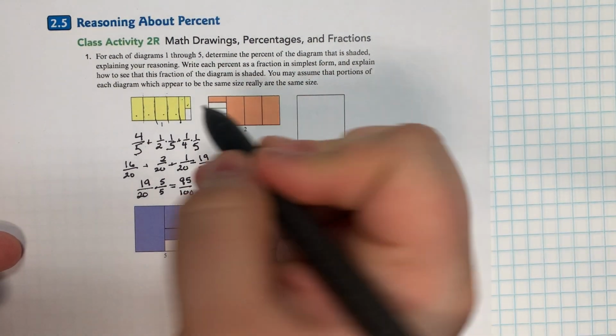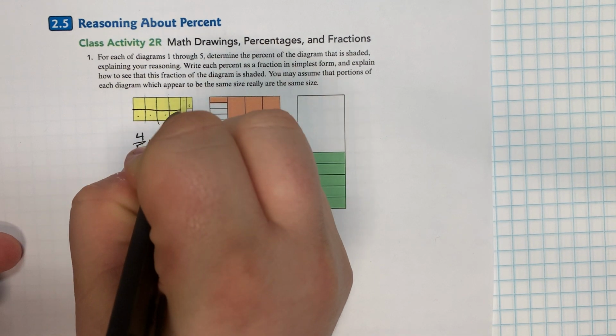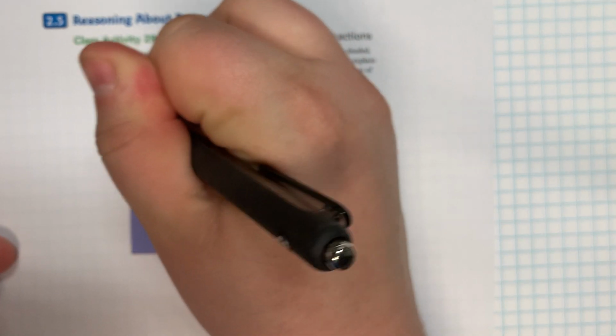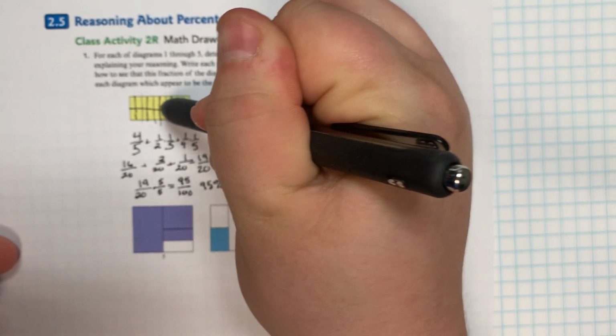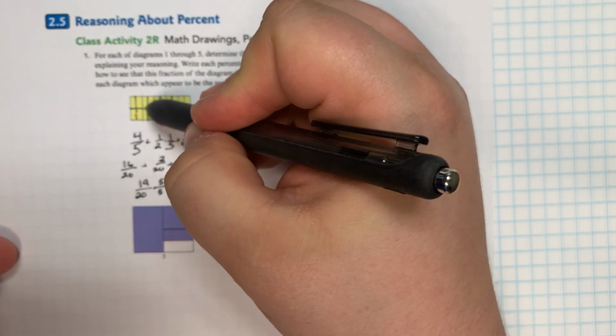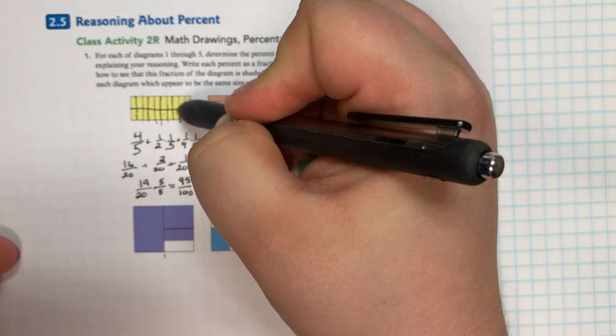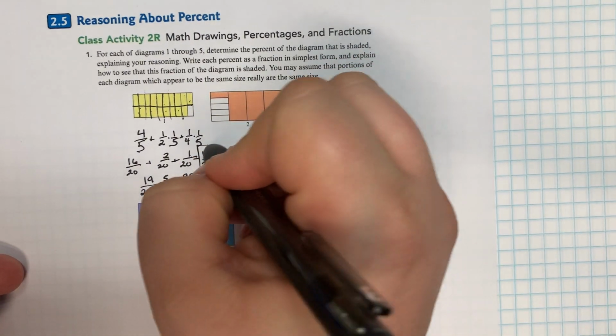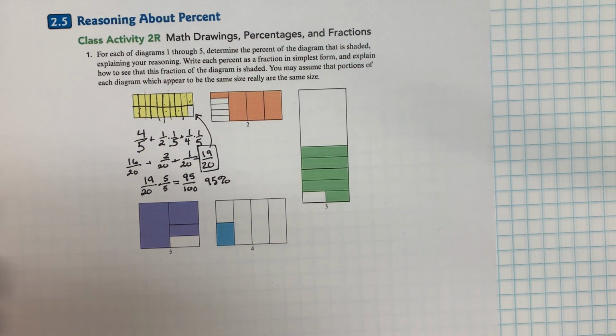And we could also see that this way, if we divide each of these in half both ways, we have 4, 8, 12, 16, 20 pieces, and 2, 4, 6, 8, 10, 12, 14, 16, 18, 19 of those 20 pieces are shaded. 19/20ths or 95%.